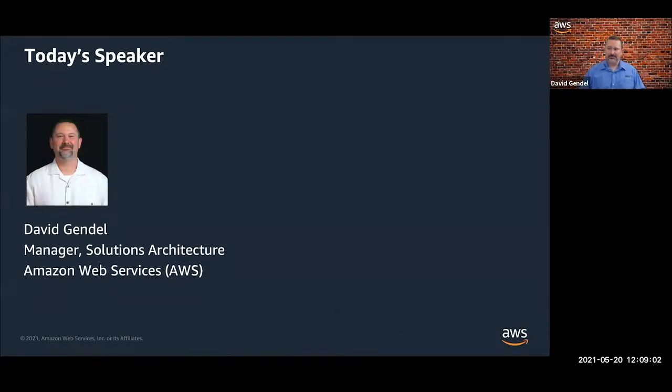So I know we did a little bit of an introduction here previously, kind of informal, but I'm going to be speaking today. I first joined AWS in 2013, and I've held several different roles in AWS. Today, I manage the team of solutions architects covering the Southeastern United States, and I focus on state and local government customers.